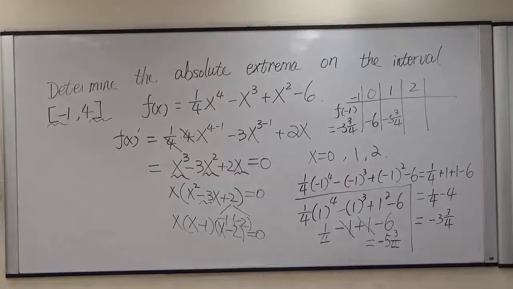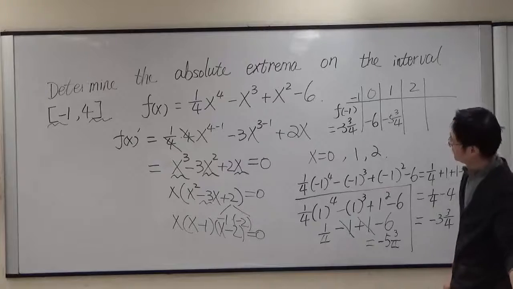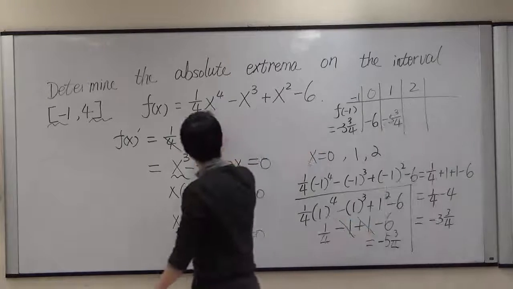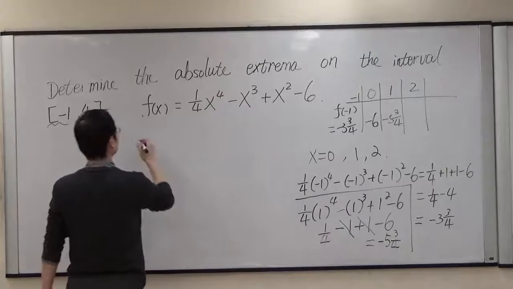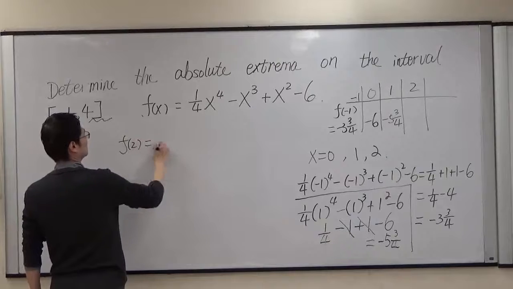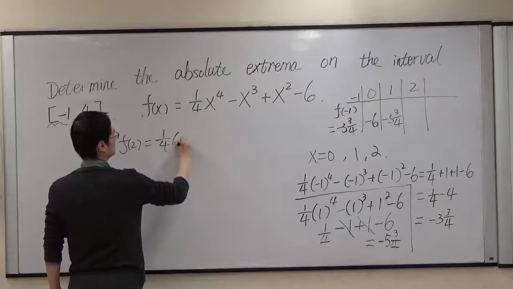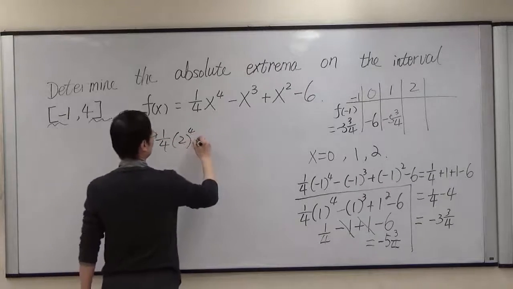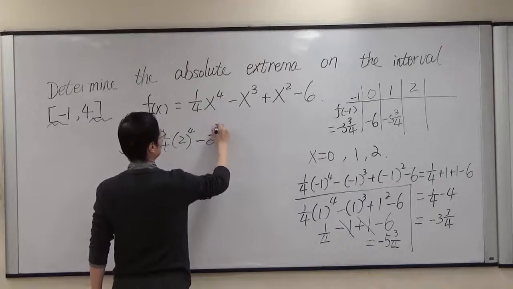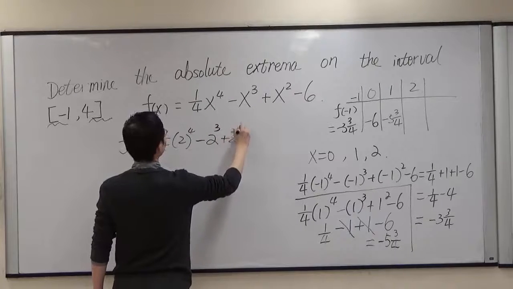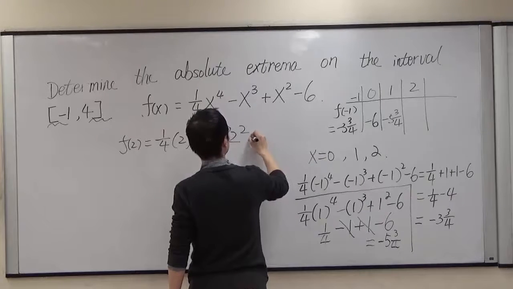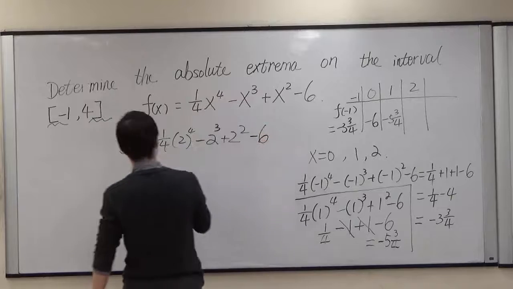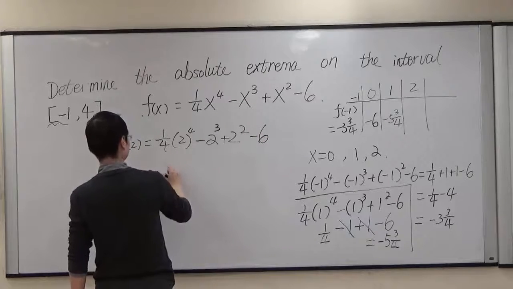So the last critical number, we plug 2 back into the function. So f of 2 is 1 over 4 times 2 to the 4th power, subtract 2 to the 3rd, plus 2 squared, minus 6.